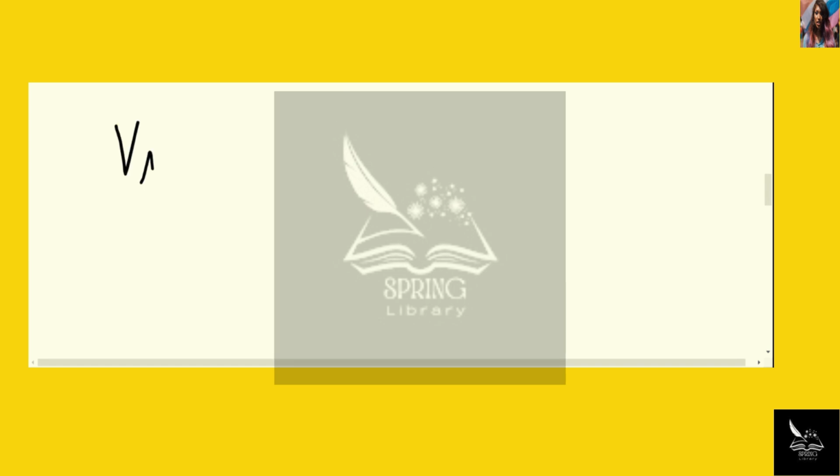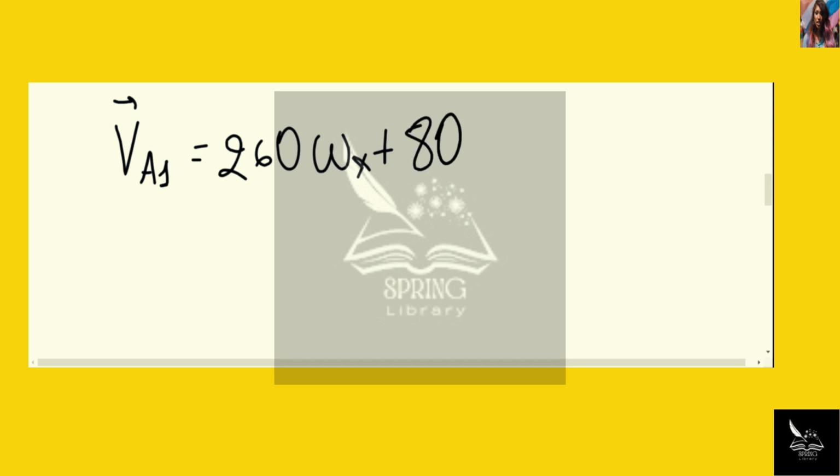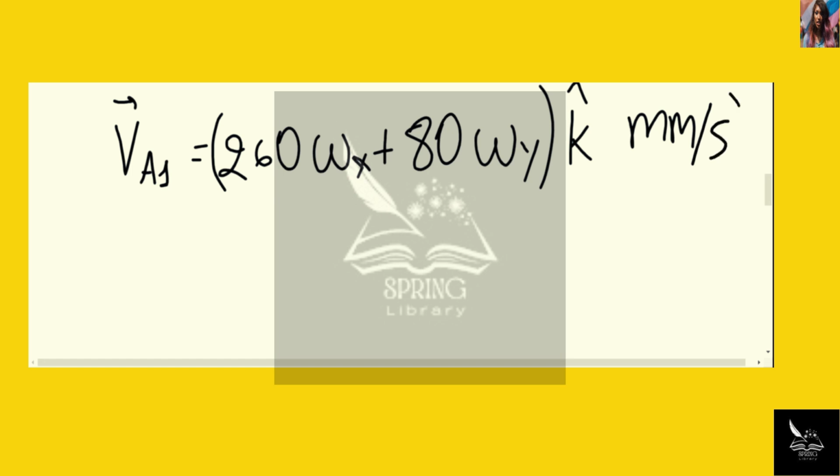Given these values, the linear velocity of point 1 at the rim of gear A is 260 times the x component of the common angular velocity, 80 times omega y, in millimeters per second, and I did this using a determinant. It's more convenient.